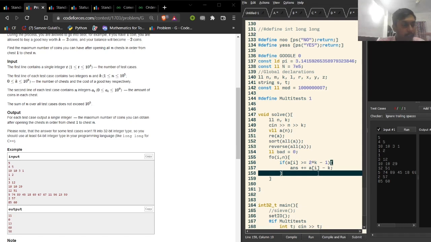For the next one, we still have problems. Okay. So if we have less than k coins at any point, what's the point of using a good key? There's no point, because whatever the sum might be, all of the ones after it are going to have a value less than k.